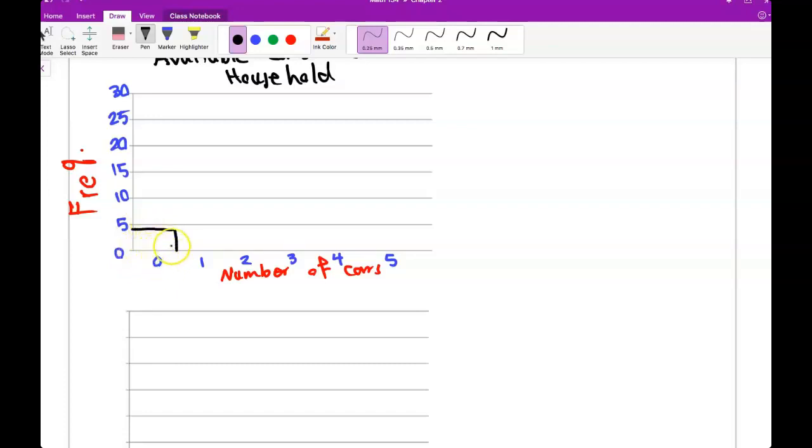I want to keep these numbers in center of these rectangles. For 1, we had 13. Okay, I want to use different colors so you can see. So these are rectangles.